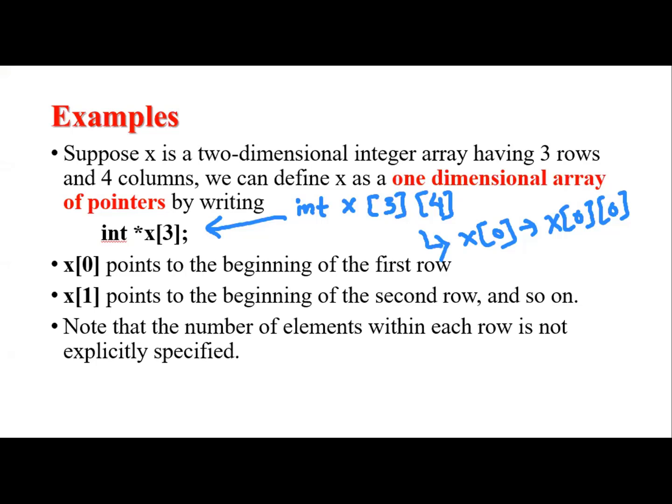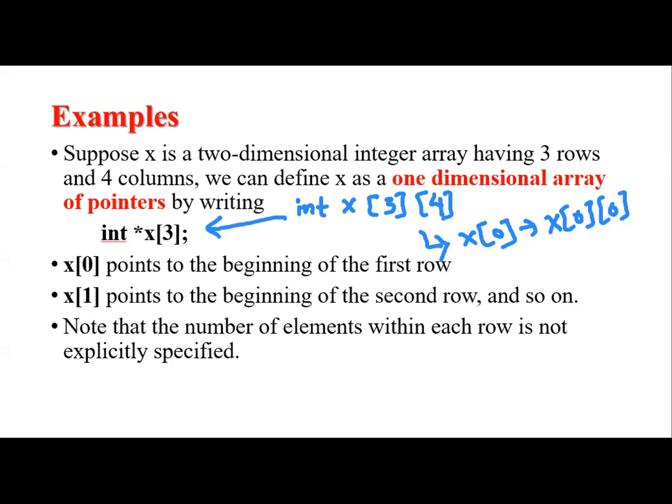Multidimensional array can be defined as one-dimensional array by using a pointer, right? So if this is our array, which is defined in terms of pointer, then by writing x[0], it points to the first element of the array, which is x[0][0] in terms of our array.